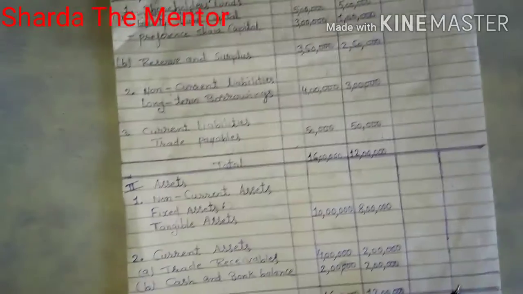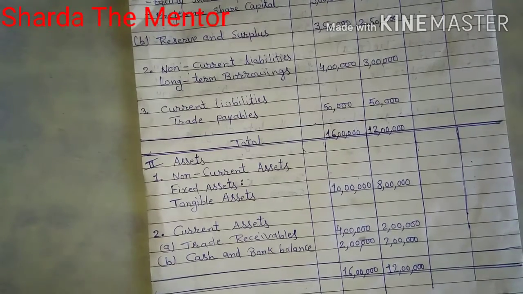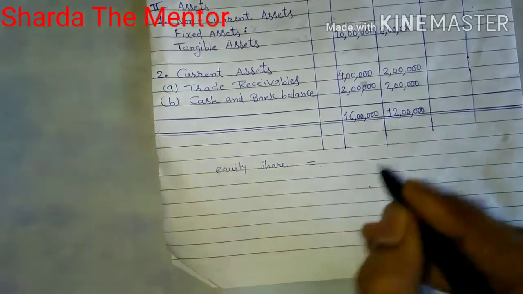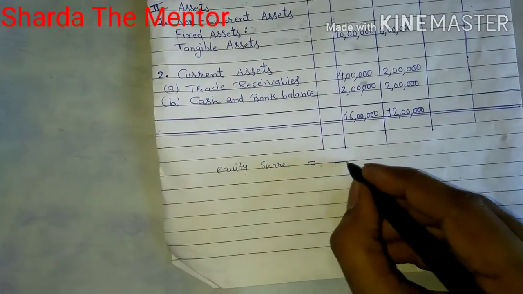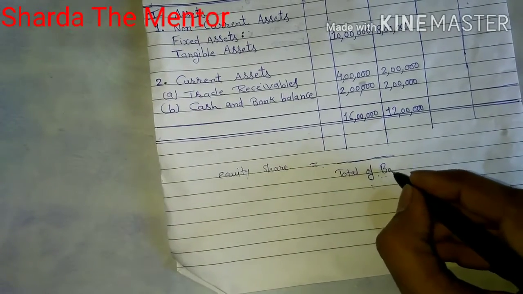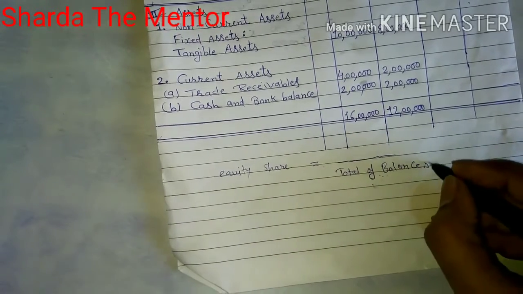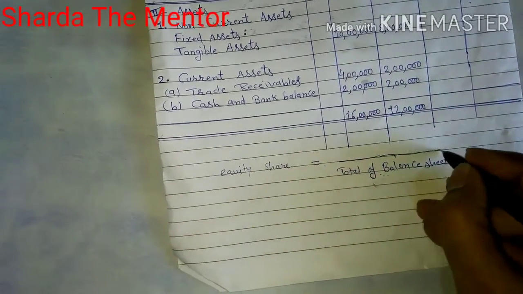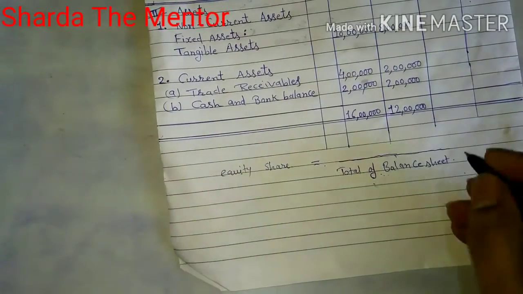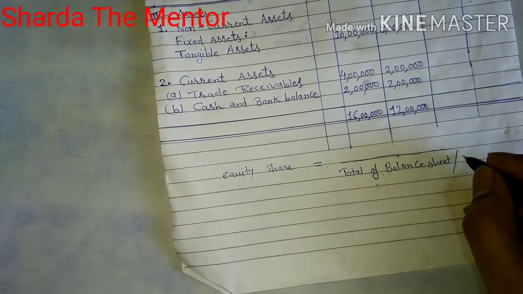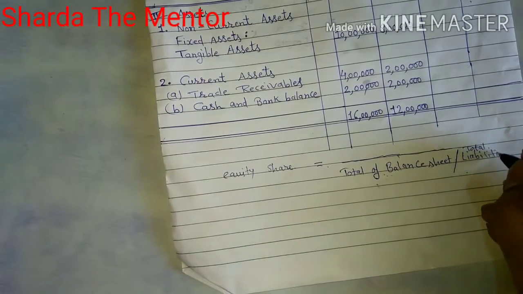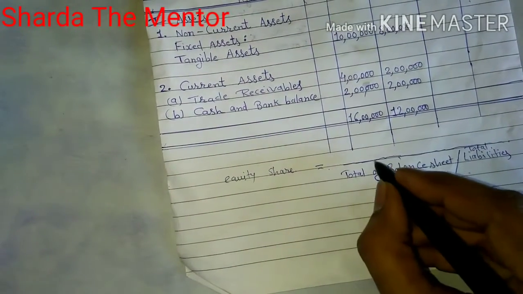If I want to know the equity share percentage, the formula is: total of balance sheet, because whatever the total of the asset side, it will remain the same for the liability side, as assets are always equal to liabilities. So the total of the balance sheet, or you can write it as total liabilities, will be the divisor.